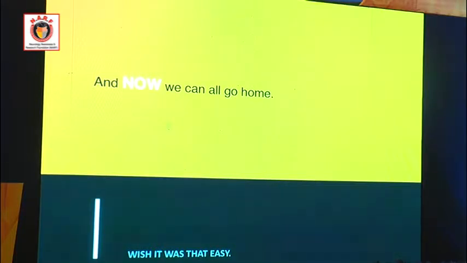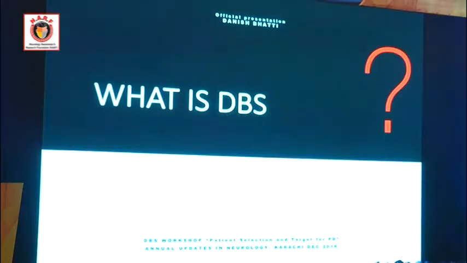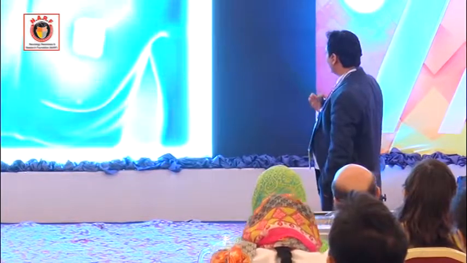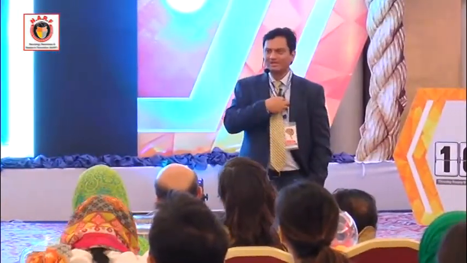So let me go into some of the difficulties. So what is DBS? I'm the first one starting, so I have to introduce this, but speakers after me will be telling you a lot more about it. So just a general introduction. DBS or deep brain stimulation is a technology where we put wires in certain targets of the brain, hook it up with a pacemaker-like battery. The battery is completely programmable.